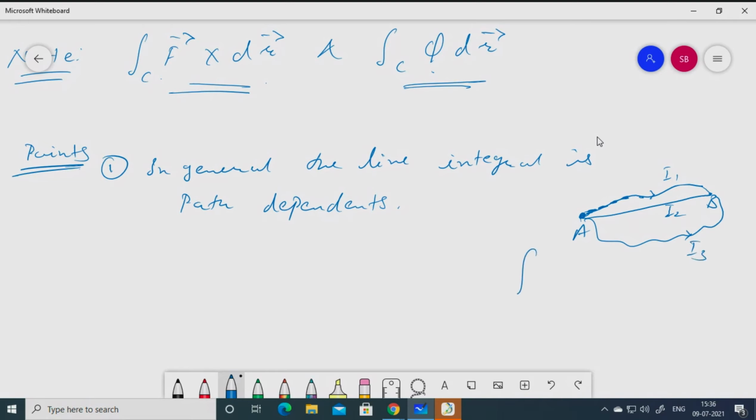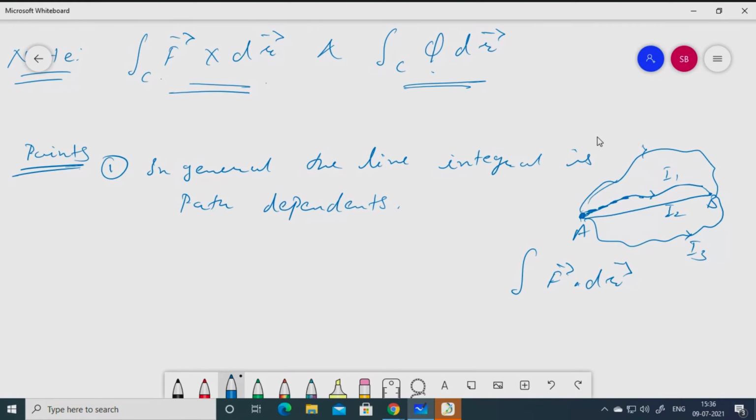I am calculating this thing only, f bar dot dr bar, but I'm changing this curve C. I have one curve, I have another curve, a straight line, I have some other curve. I can take any other path also. So if I change this curve, the line integral value will be different.